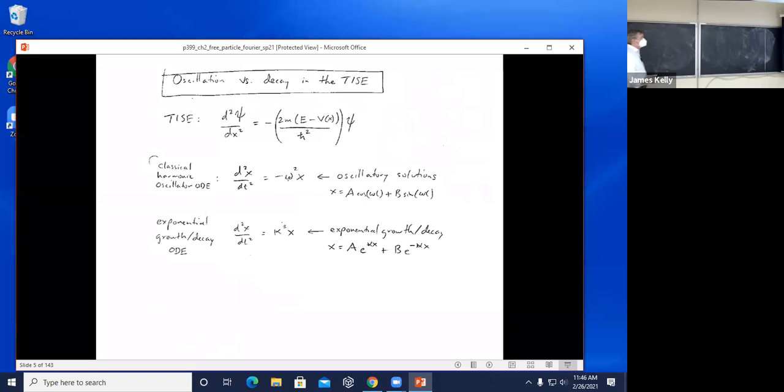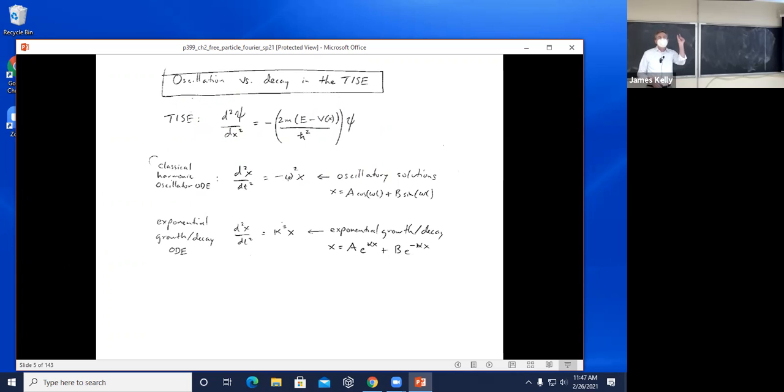Here's something I made a comment about last time, but there's a discussion of it just at the end of the harmonic oscillator section. We talked about the form of the time-independent Schrodinger equation in the case where we look at just a very tiny region of x. So V of x is approximately constant.